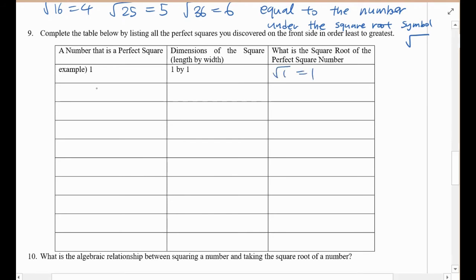What's the next one? 4 is a perfect square number, and that is 2 by 2, and root 4 is 2. Let's keep doing it, everyone. 9 is 3 by 3, and root 9 is 3. So I want you to complete the table, okay? Pause the video, complete the table, and we're going to go over it together.